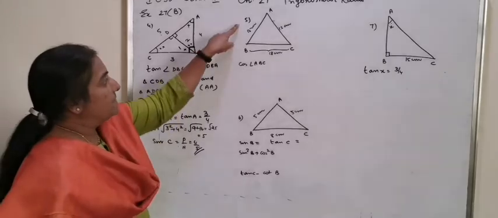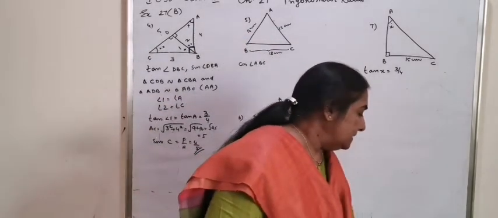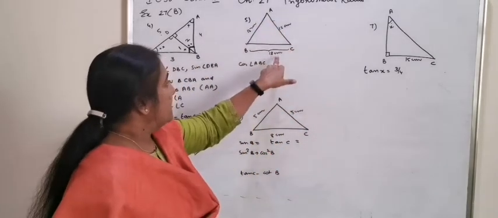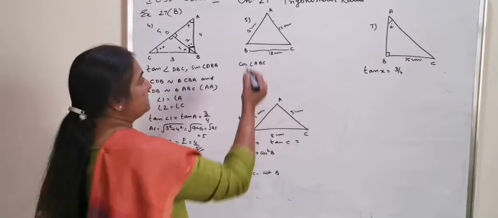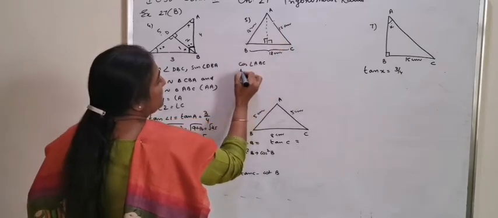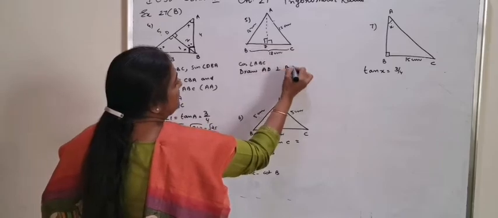And now question number 5. You can see it's an isosceles triangle. In triangle ABC, AB equal to AC is equal to 15 centimeters. Base BC is equal to 18 centimeters. In the previous exercise, we already explained. Once a perpendicular is drawn, draw AD perpendicular to BC.